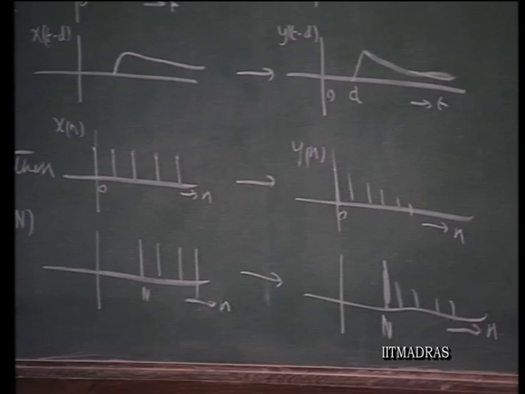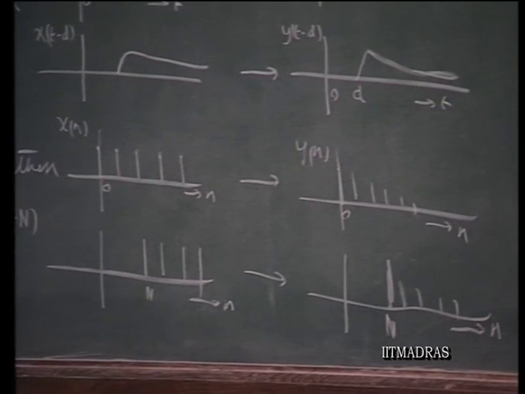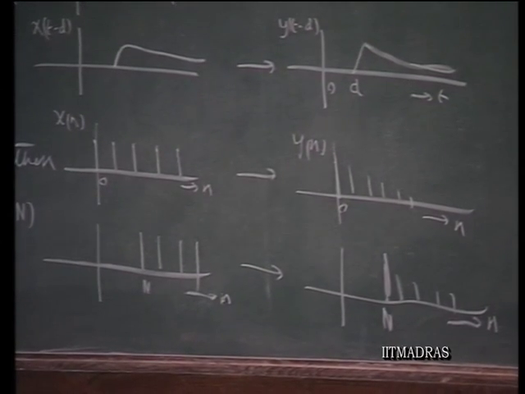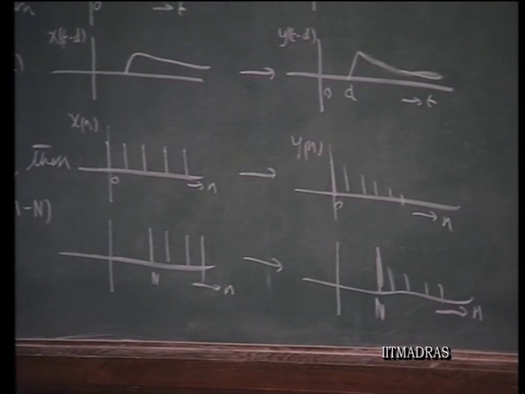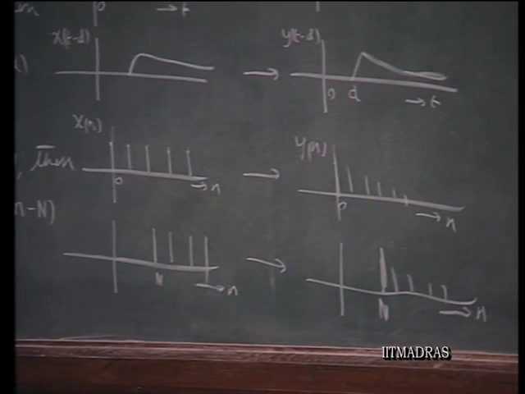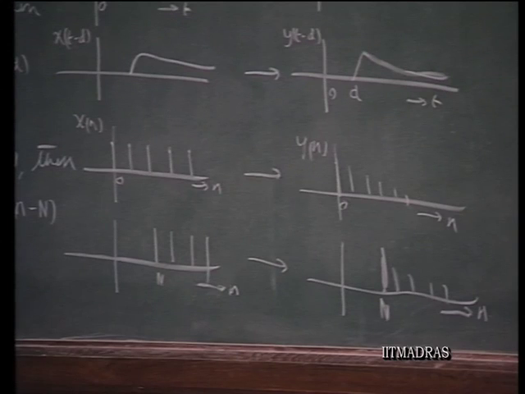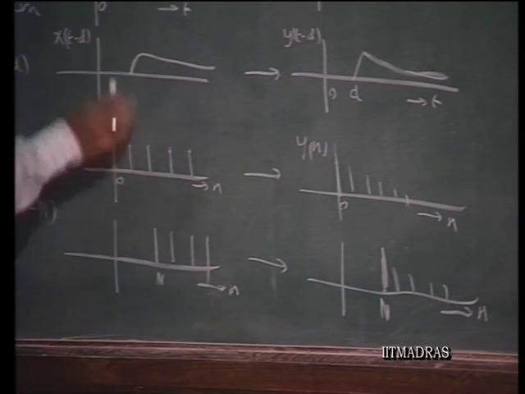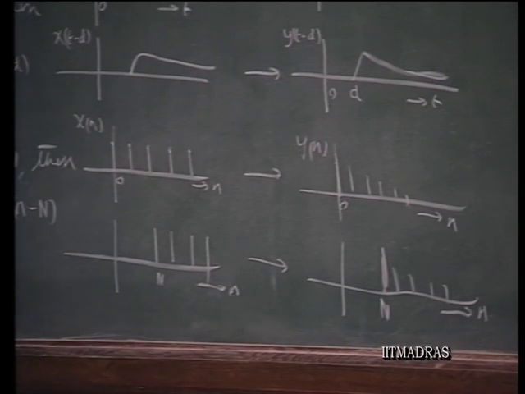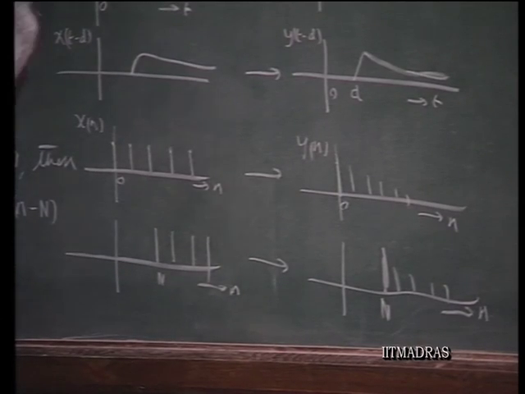So, that is how the response will be occurring for a shifted input signal. As you can see, this particular property will be very useful when you want to superpose the responses due to different inputs, as we will see later. This is all for the time invariant case.